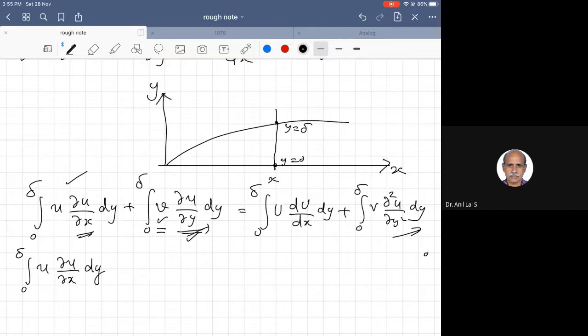This is a product, so the integration can be done by parts: first function into the integral of the second.